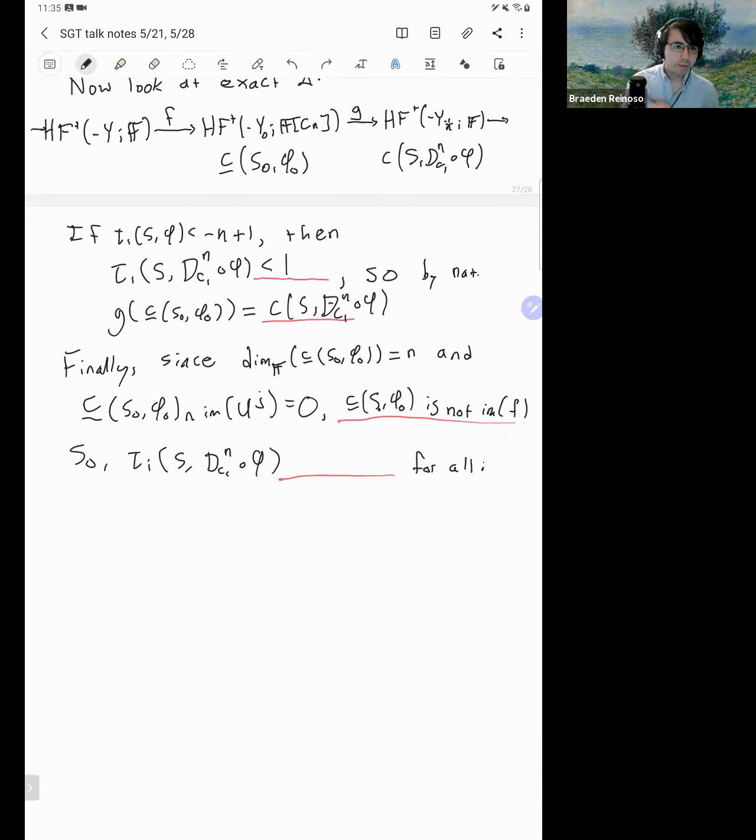And this map F is U equivariant, and so you can just make an argument that way that it can't possibly be the image of F.